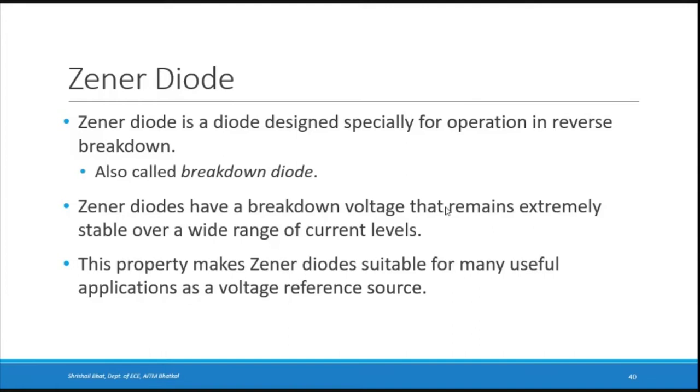Voltage reference source means a DC power supply where you need to get a very fixed DC voltage. It cannot change. So if you use a Zener diode in reverse bias, in its breakdown region, it will have a constant voltage across it. So that can be used as a DC power supply, right? That's the logic of having a Zener diode voltage regulator.